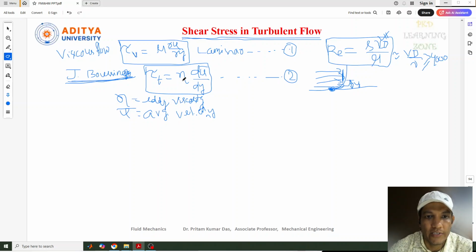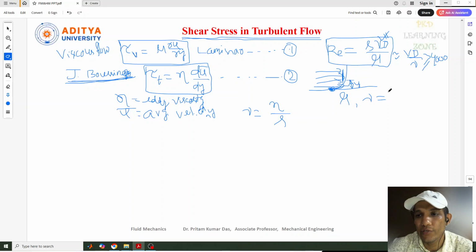As I told, this is the eddy viscosity eta. We already know that there is viscosity mu, which is the dynamic viscosity, and another one is nu, the kinematic viscosity. Here also, the kinematic eddy viscosity is denoted by the ratio eta by rho. We know that kinematic viscosity is mu by rho, viscosity divided by density.